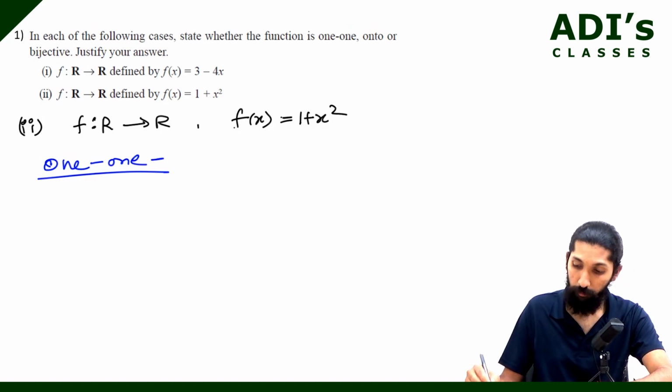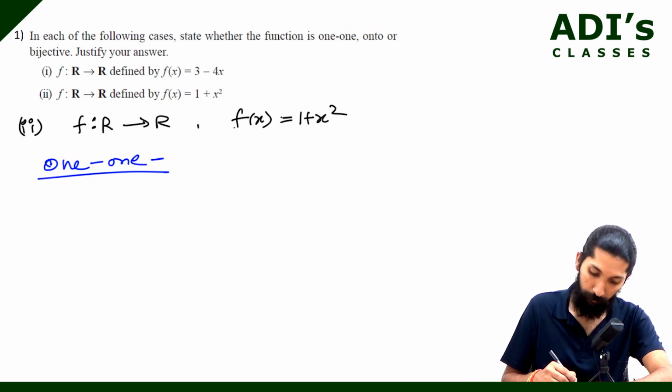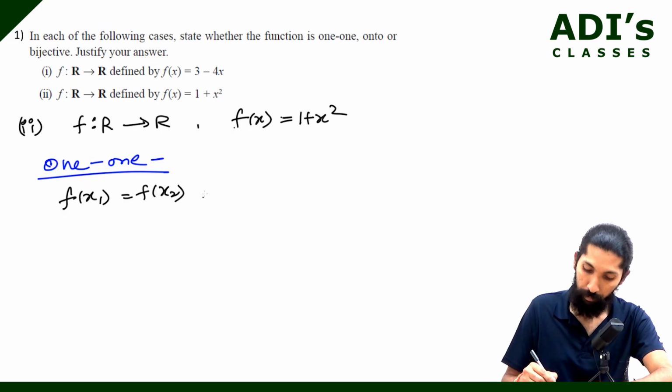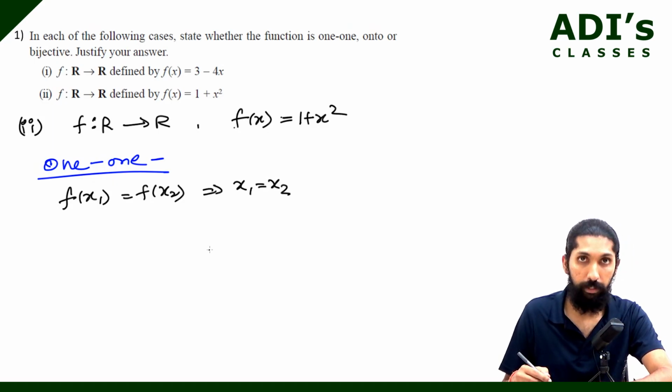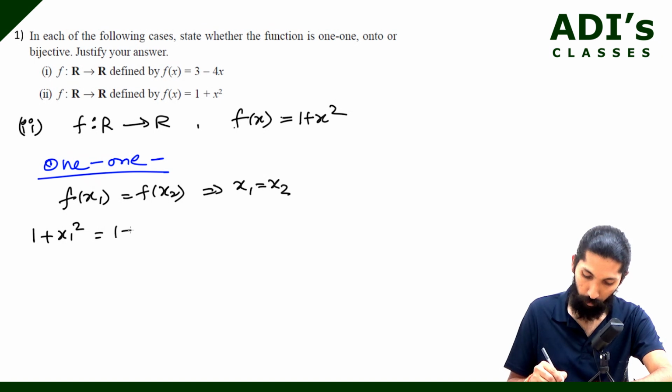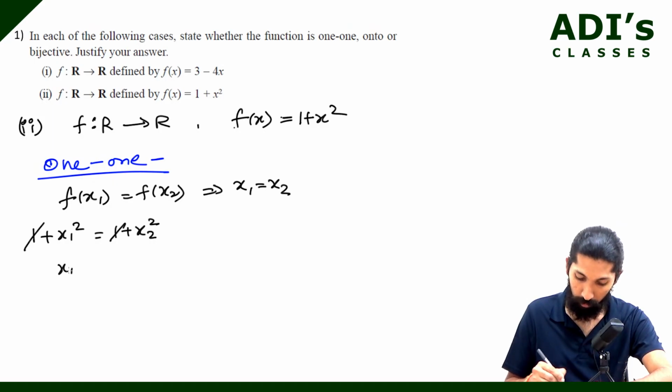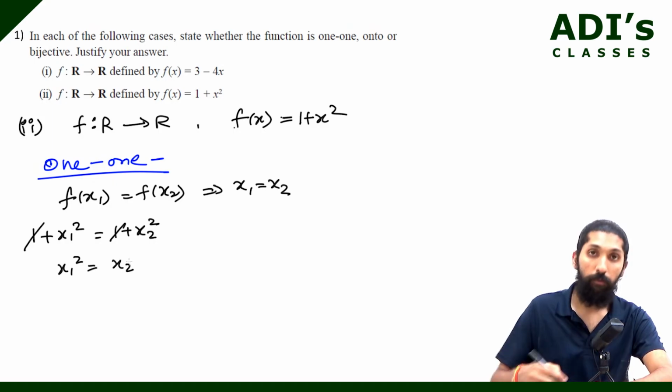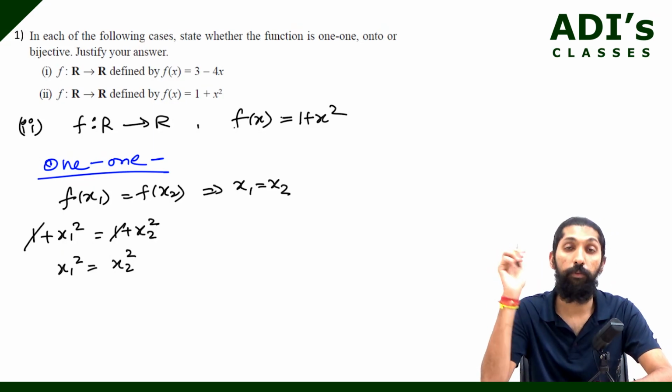When we are doing for one-to-one, again f of x1 is equal to f of x2, and this implies x1 is equal to x2. So 1 plus x1 square equals 1 plus x2 square, 1 and 1 cancel. So what do you get? x1 square is equal to x2 square. When you take the root, we get plus or minus.